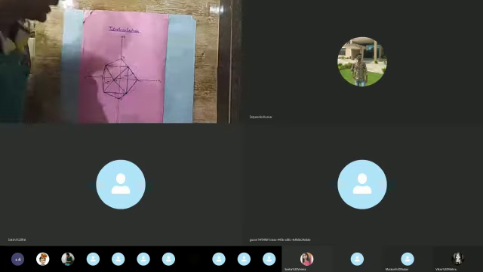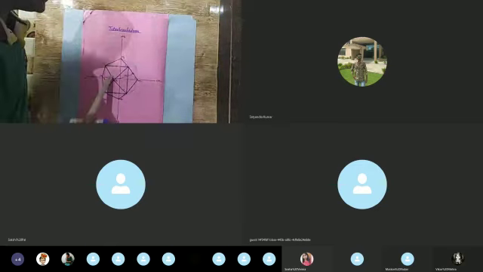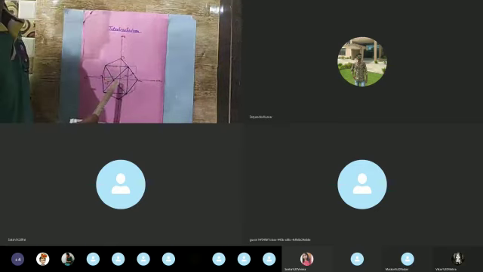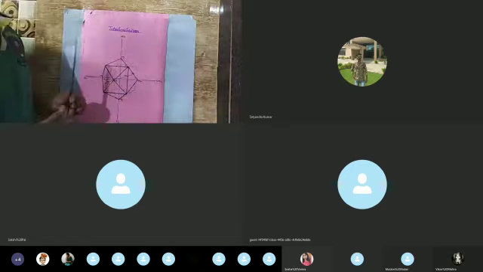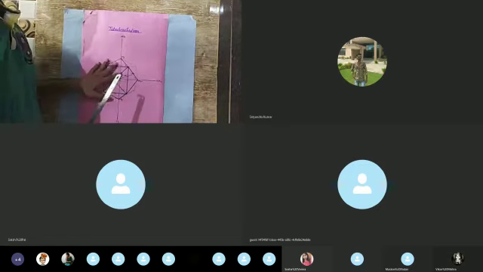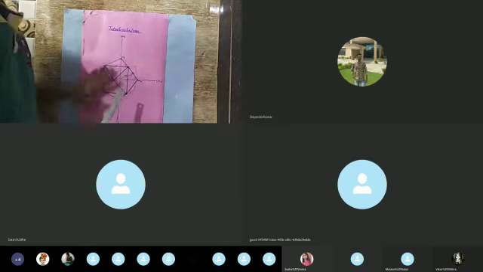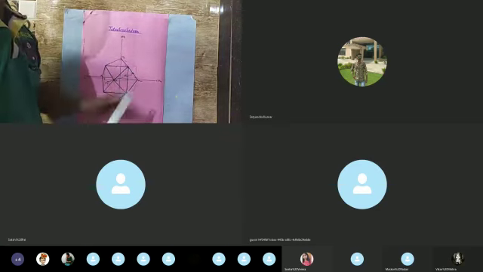So you can see almost 8 faces are completed. So in the next step, what will we do? Whatever we have done on the left side, we will do on the right side.